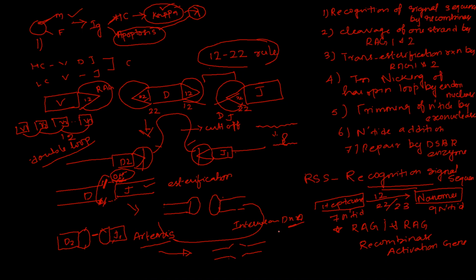Now there is another enzyme, as I mentioned, that is TdT, which is called terminal deoxynucleotidyl transferase or polymerase. So what actually this does, if you just consider this as D and this as J, is that it will not be even sometimes, just like this.